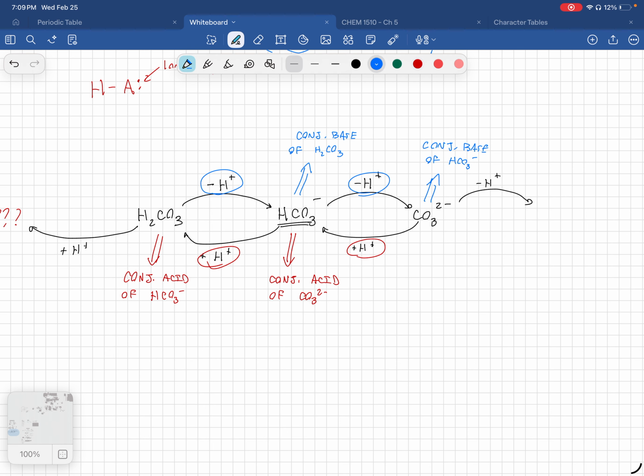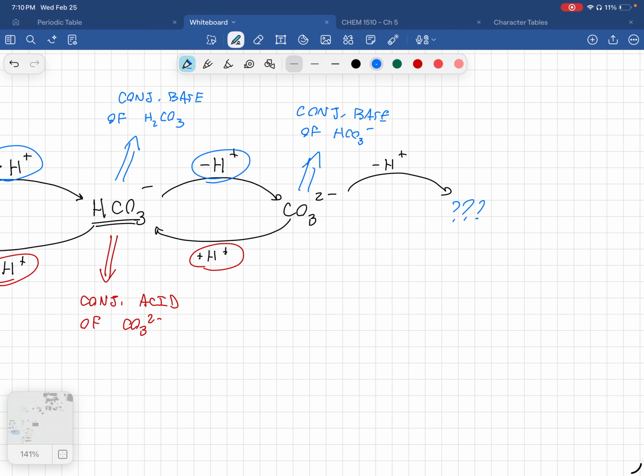For example, let's say we start with CO3 2- and we want to see what is the conjugate base form of CO3 2-. We would try to remove another proton, and we find that it's not possible because CO3 2- doesn't have any ionizable protons.